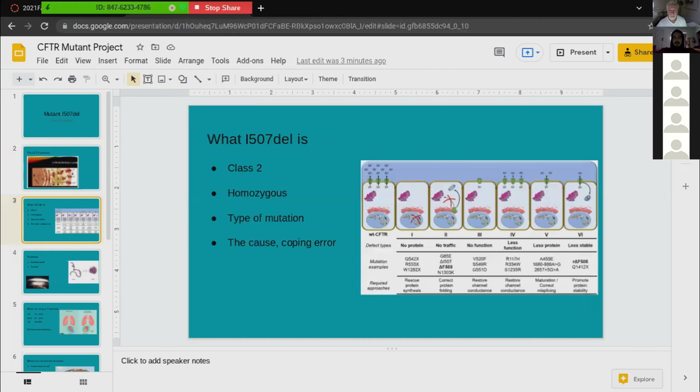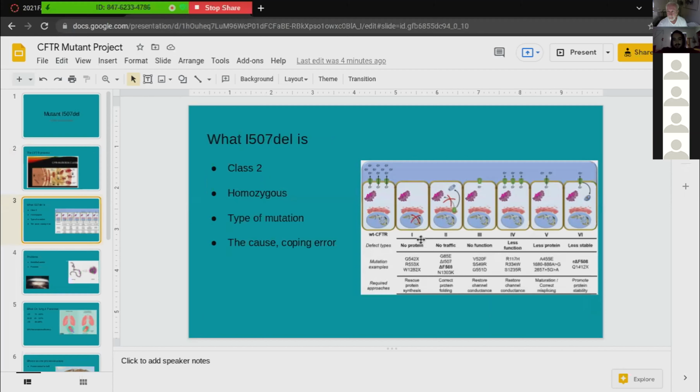Okay, so the mutation itself is going to be I507del, and it is a class 2 mutation, which is right here, and it is homozygous. The type of mutation is a deletion in the amino acid, which occurs during the transcription process of DNA to mRNA.